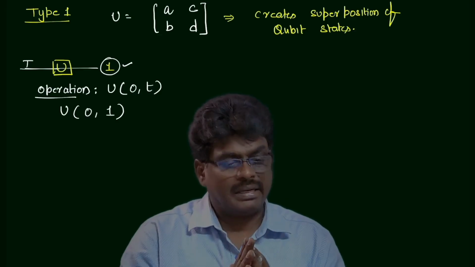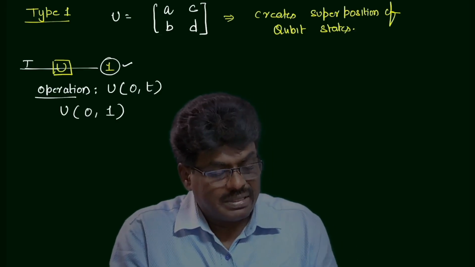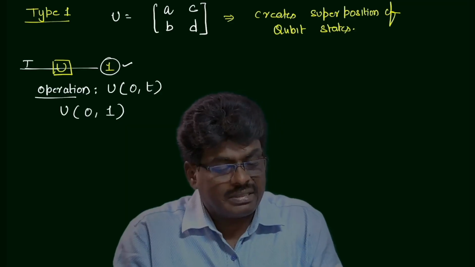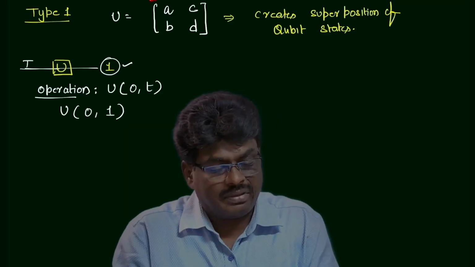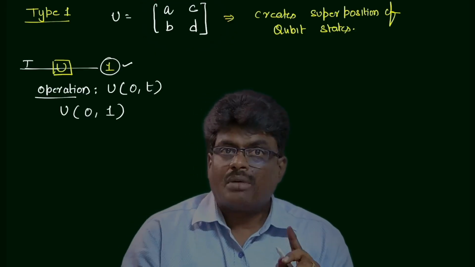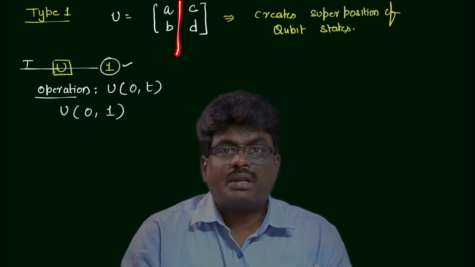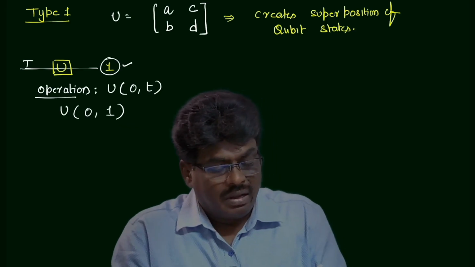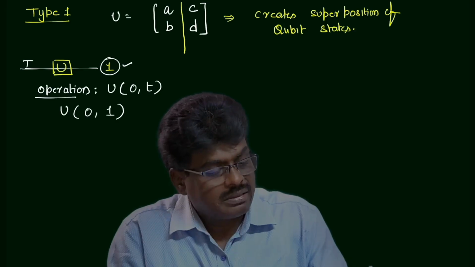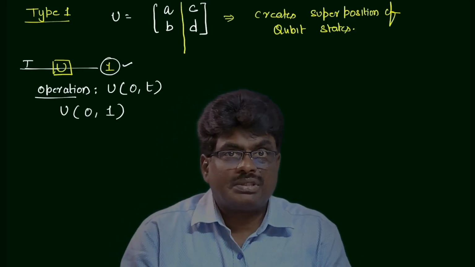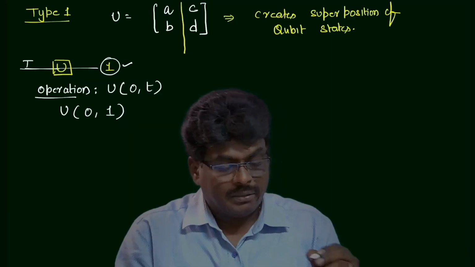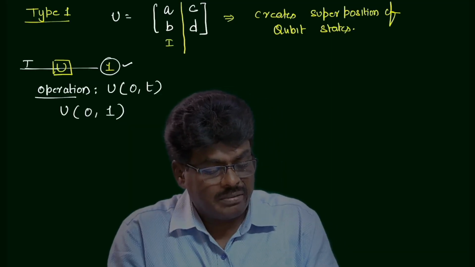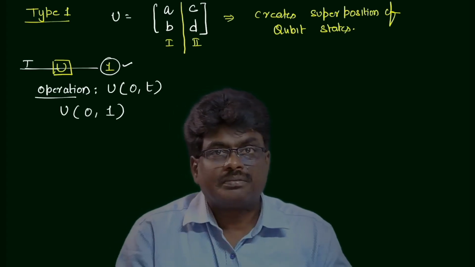How will it create that? Now, I request you, please see this matrix one more time carefully. We have two columns, the first one and the second one. I request you, this is very crucial. Here we have the first column, and this is the second column.